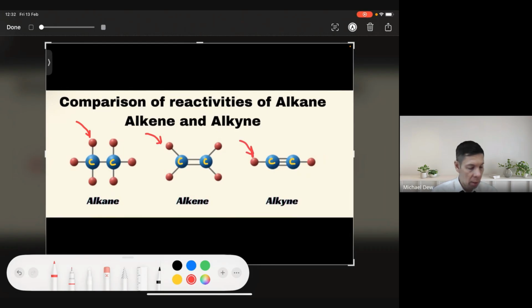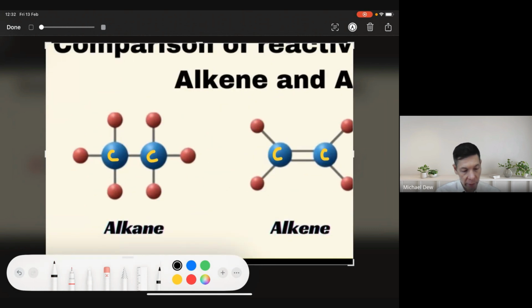So what's the difference again between an alkane, an alkene, and alkyne when comparing these? The more bonds you have, the more reactive and unstable the molecule is going to be. So 1 bond between the carbons, here you can see in the red circle, that's going to be A-N-E. If you don't see a double or triple, only single, that's going to be an alkane of sorts, right?